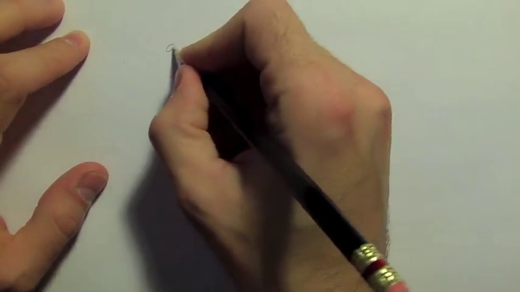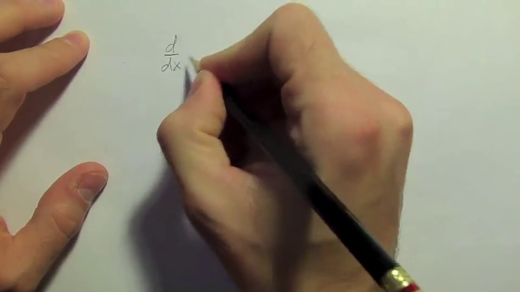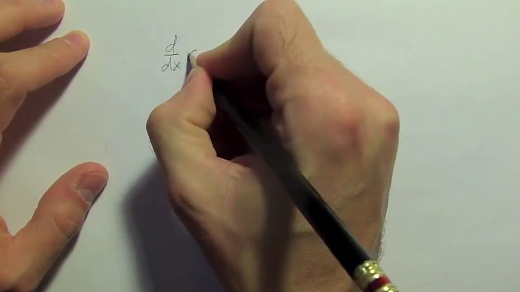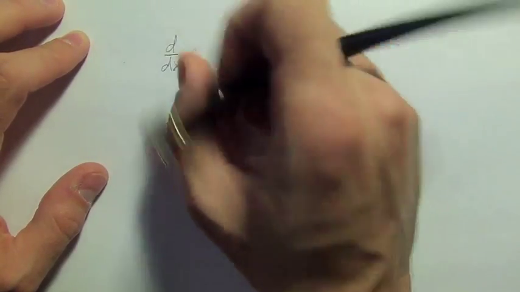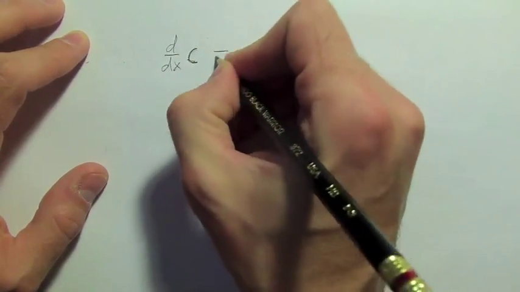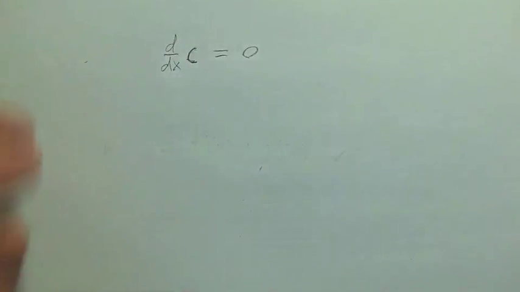Now there's one last rule to talk about before we start looking at some more examples. And that is that the derivative of a constant, just all by its lonesome, is equal to 0.